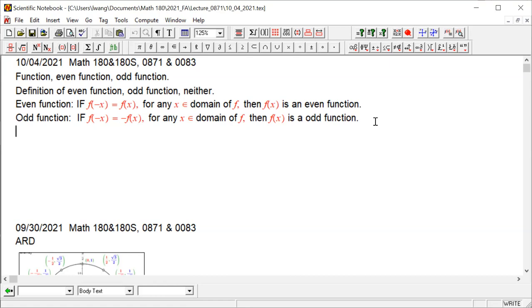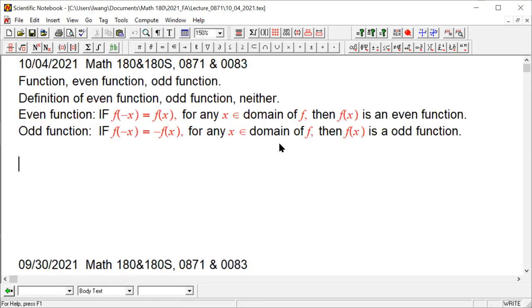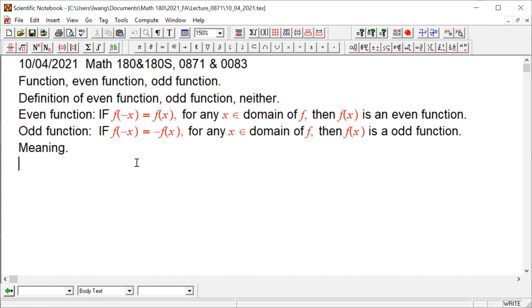First of all, we know a function is a rule. So what does this mean? Right? So take the even function, for example. In these expressions, let me make it larger fonts. In these expressions, what does it mean?